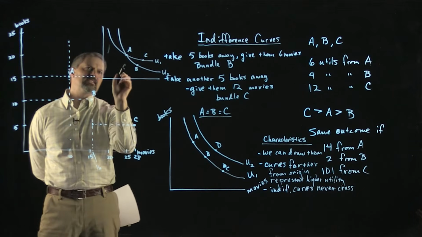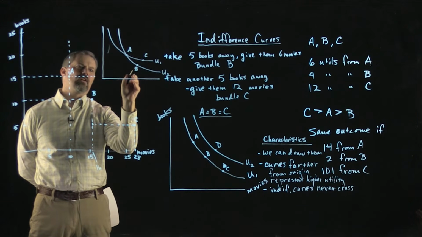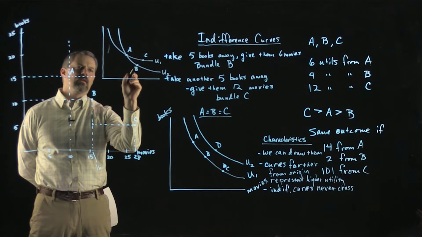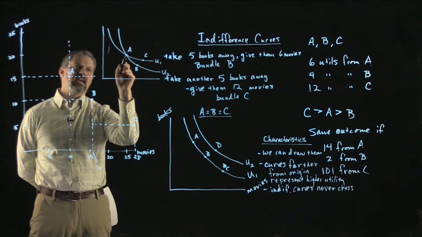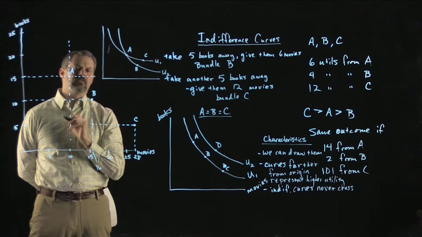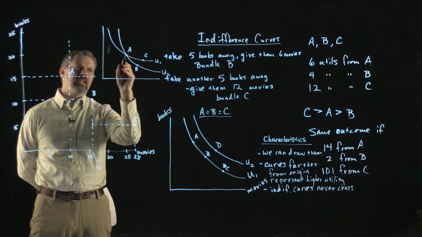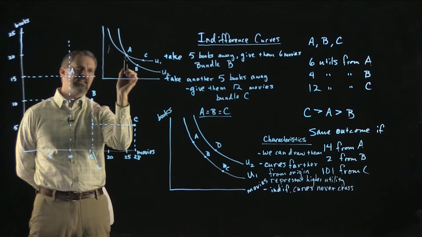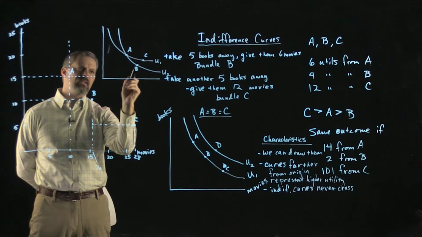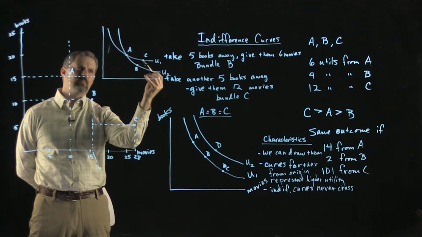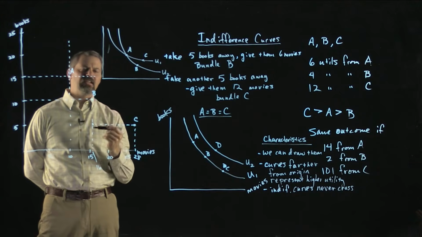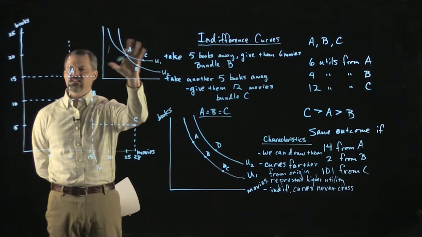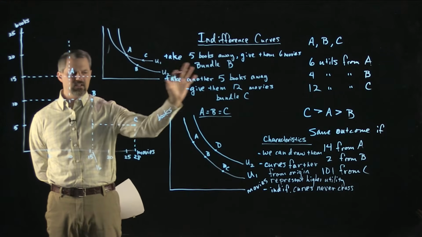What I know is that since A and B are on the same indifference curve, the consumer is indifferent between A and B. But I also know this. Since A and C are on the same indifference curve, the consumer would be indifferent between A and C. So if the consumer is indifferent between C and A and indifferent between A and B, they should also be indifferent between B and C. But yet C contains strictly more of the two goods than B. That's a violation of the assumptions that we made.